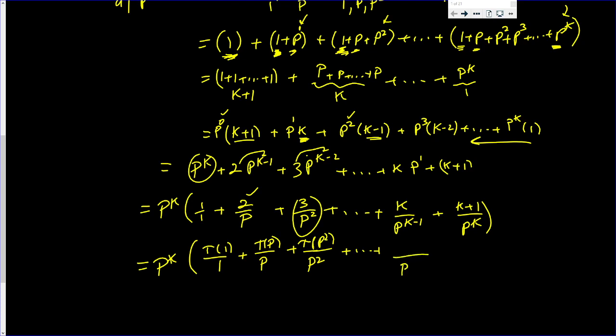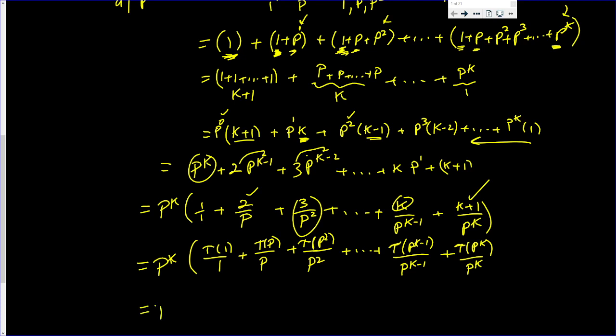The bottom isn't going to change, but k is the same as tau of p to the k minus 1, over p to the k minus 1, plus tau of p to the k, which is k plus 1, over p to the k on the bottom.